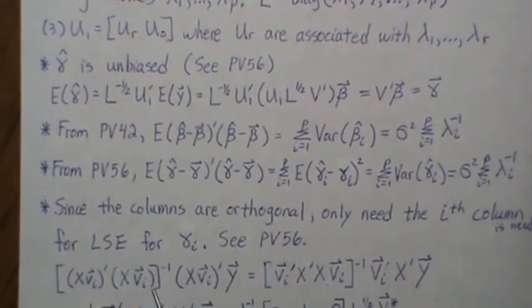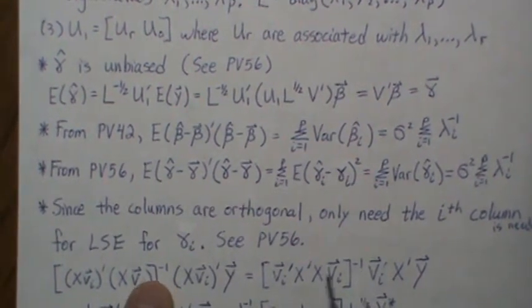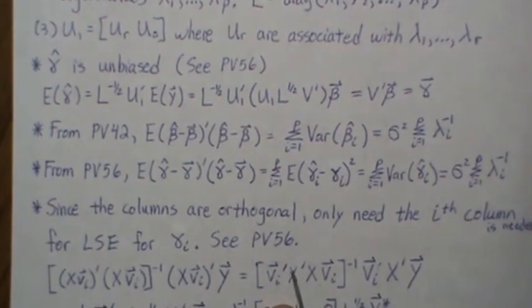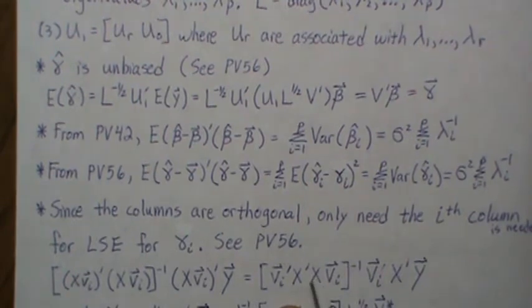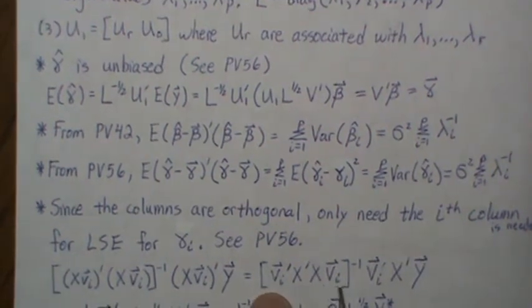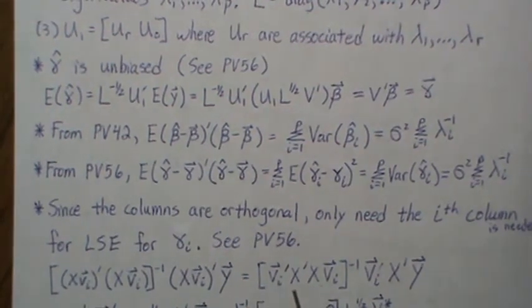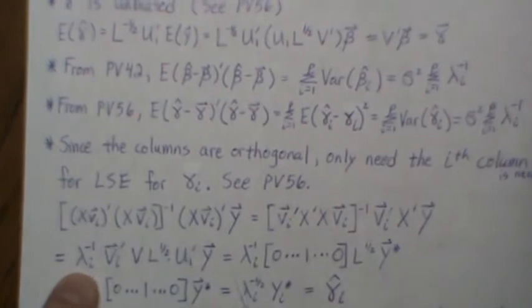So now we just unpack it. We transpose that, and we get this inverse staying. Transpose that. Now this is an eigenvector associated with X transpose X. So then we get the eigenvalue eigenvector combination. And so the eigenvalue comes out front, and VI transpose VI is 1. So we're left with the eigenvalue inverse, and that's what this is.